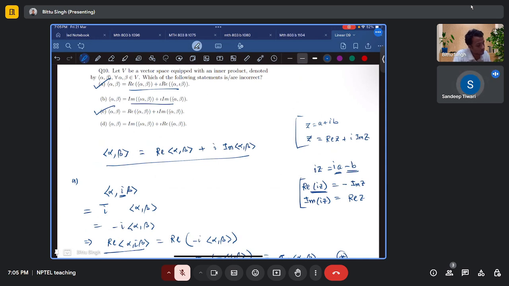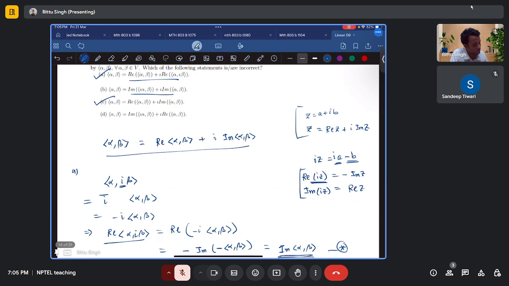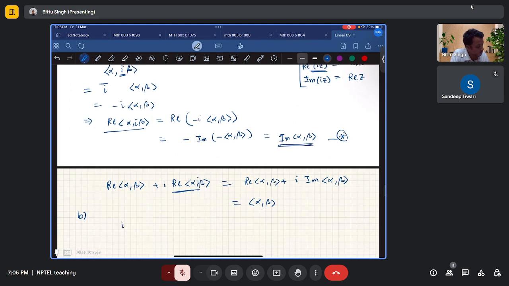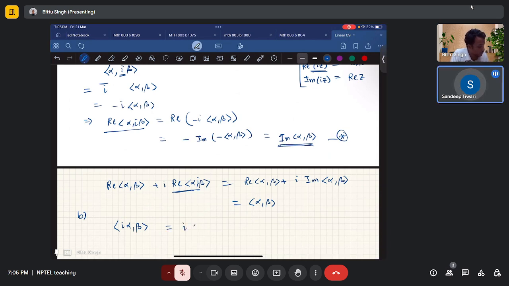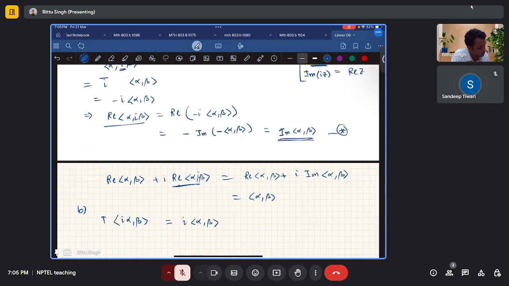Now we need to see option B. We need to see what is the inner product of i alpha with beta. This is again the same: the real part of i alpha beta, and we need to see what the imaginary part is.